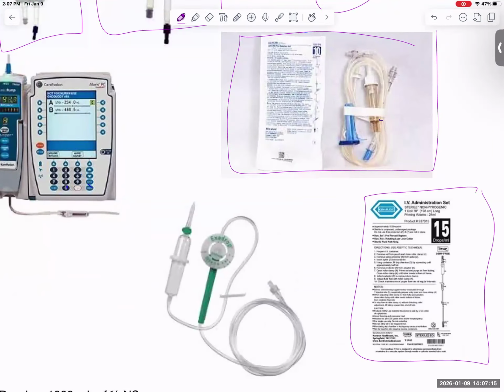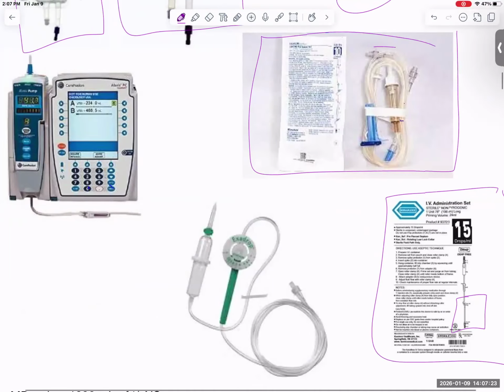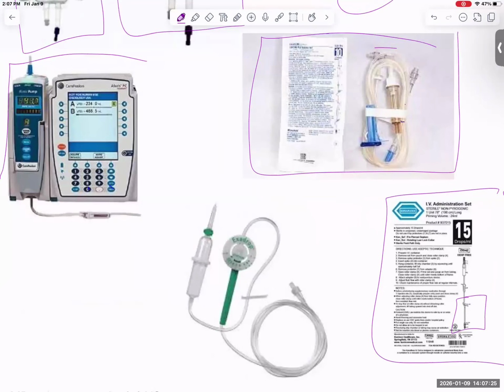You can't really see all the ports and stuff on them, but a lot of the tubing is made specifically for the type of IV pump. This is an IV pump, and this machine is a computer. And literally built into this machine is an entire drug library. If you work in an acute care hospital like Good Samaritan, Nyack, Westchester, these have drug libraries built into them.